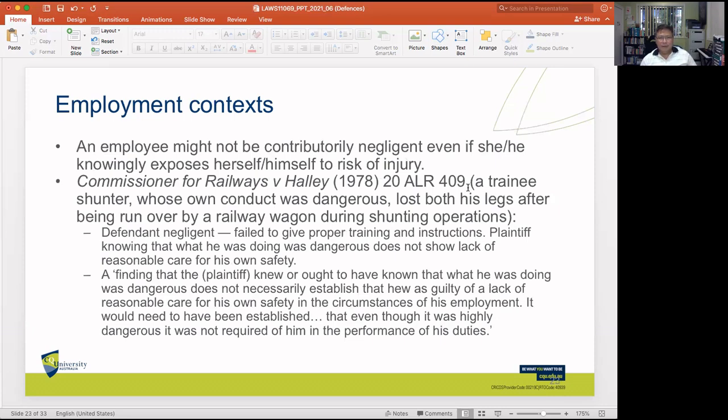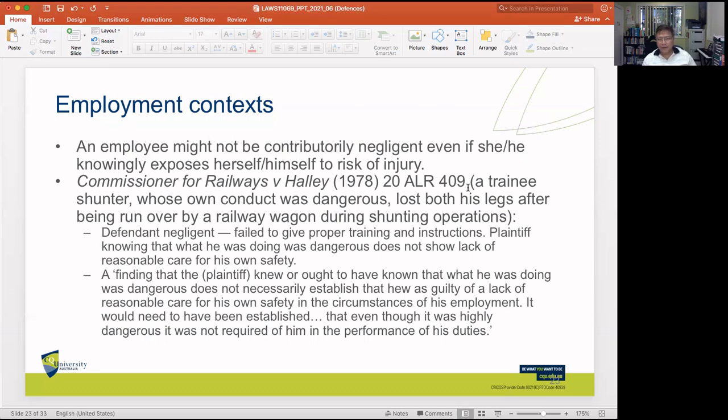Now, it can also happen that an employee might not be contributorily negligent, even if he or she exposes himself to the risk of injury. And this is a situation almost similar to the case of Commissioner for Railways versus Holly, where you have a trainee shunter whose own conduct was dangerous, lost both legs after being run over by a railway wagon during shunting operations.